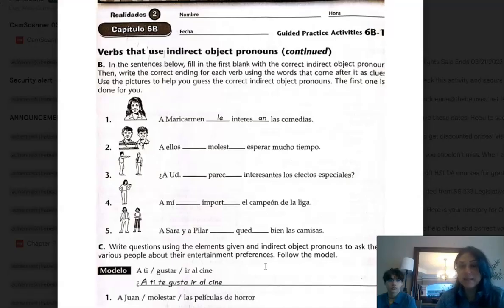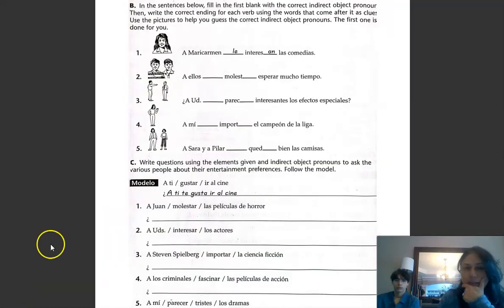And this is 6B, 1A. I think the A got cut off up here. But what we're going to do here is y'all are going to fill in the blanks, okay? The instructions here: we're going to read these sentences, and then the first blank, you're going to put the correct indirect object pronoun.